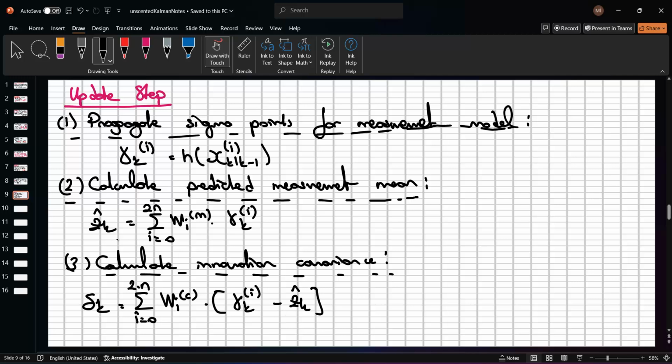Because it's the predicted measurement mean. And so gamma k i minus zk hat, transpose, plus Rk can be used in here. Okay.